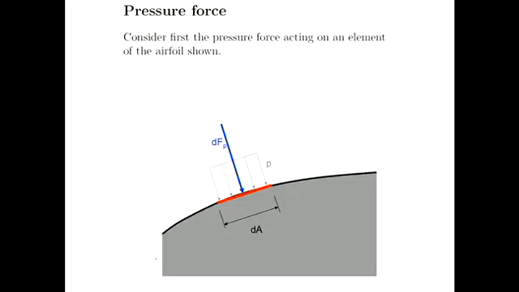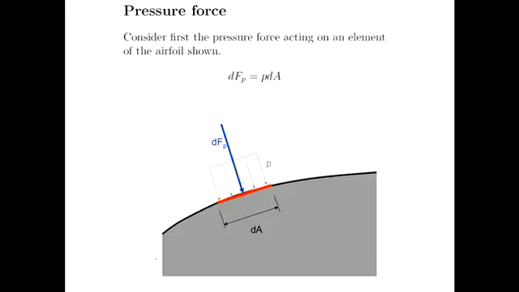That pressure is going to give rise to an elemental force on dA that I'm going to call dFP, which is a pressure force. And obviously dFP is just equal to P dA, pressure multiplied by area.